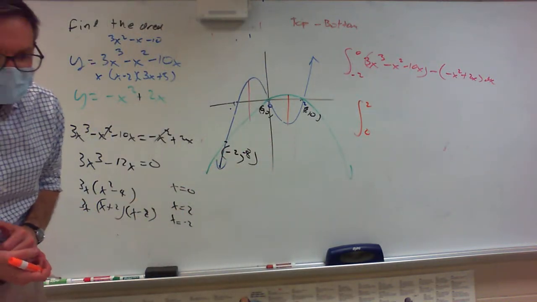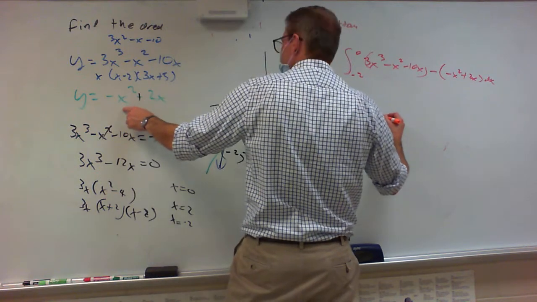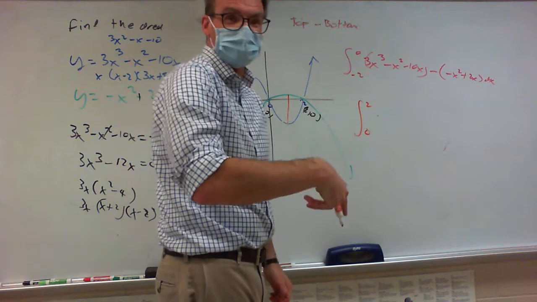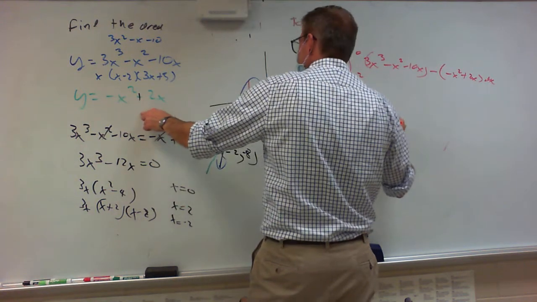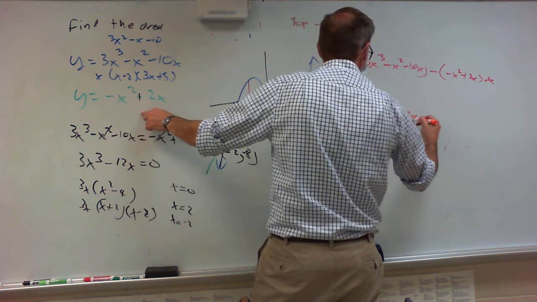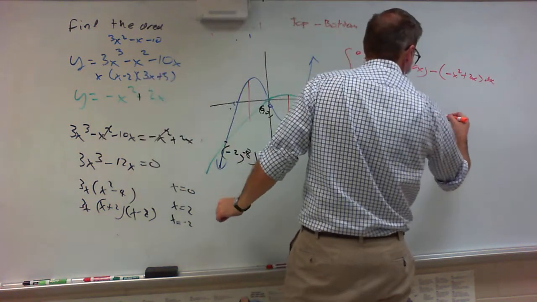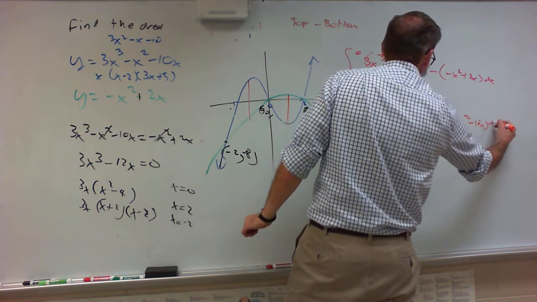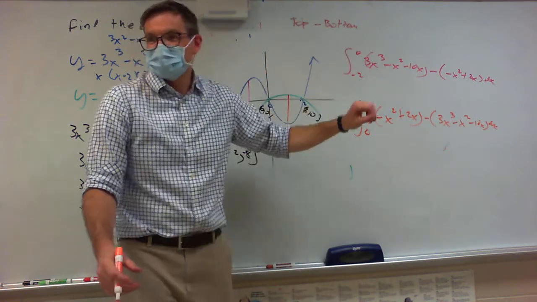Negative x squared minus 2x. Okay. Would this be multiple choice? Could be. But you still have to come up with the answer without a calculator. Okay. So end up with negative x squared plus 2x minus this thing, which is 3x cubed minus x squared minus 10x dx. So you find that one and you find this one and add them together.